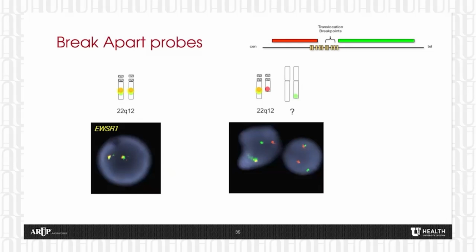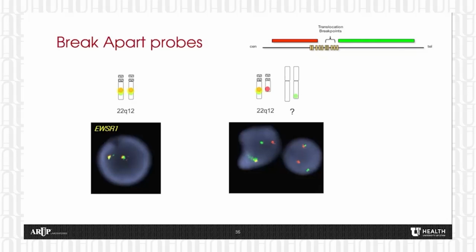So moving on to break-apart probes, in this strategy, you have a gene which is flanked by 2 different probes. The translocation breakpoint is flanked by 2 probes, which are very close together in a normal situation. So when red and green are overlapped, you get a yellow signal.